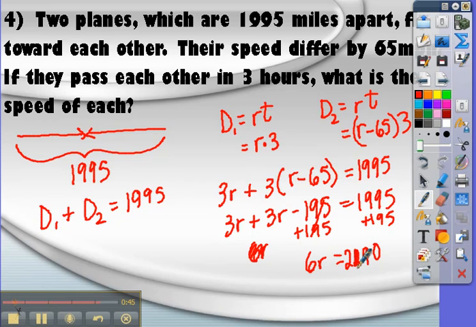R is going to equal 365. That's a rate, so it's miles per hour, and since that's what R equals, that's the rate of the first plane. So that would be one of my answers. My other answer is the other plane, which is going to be 365 minus 65, so it would be 300 miles per hour. Hope this helps you out.